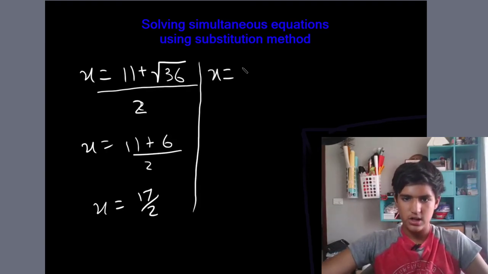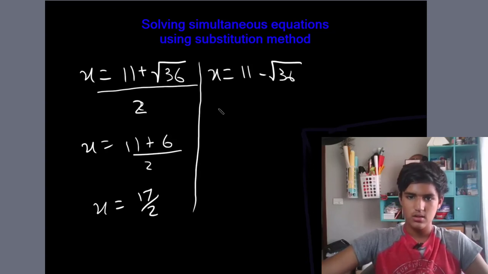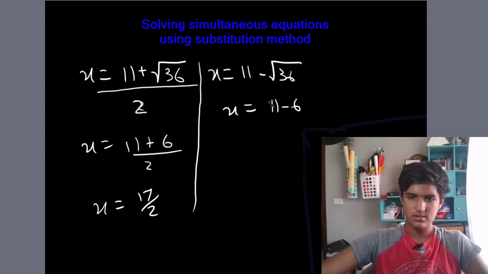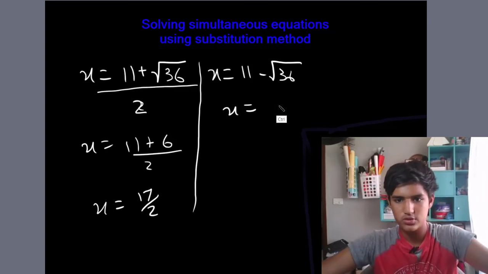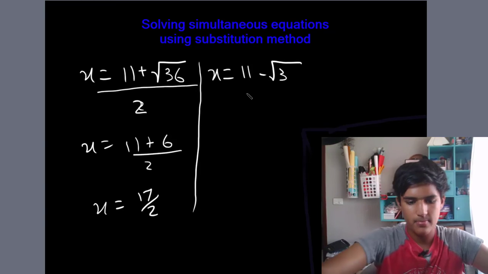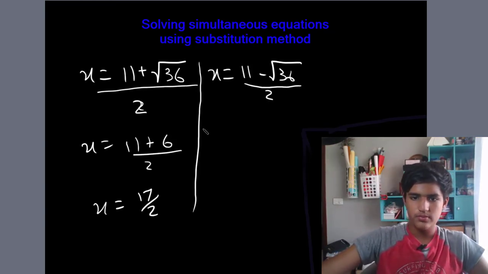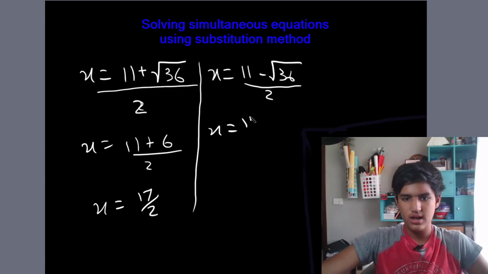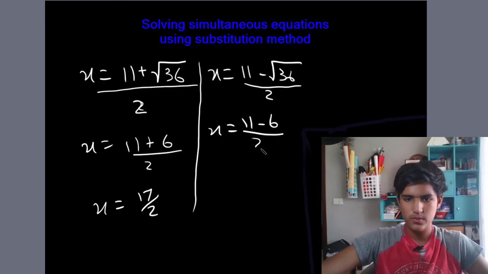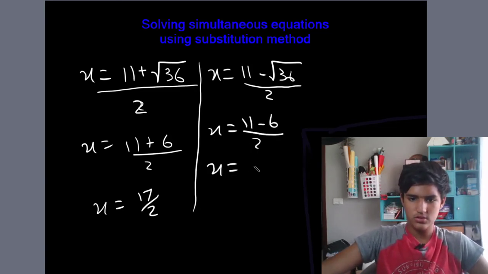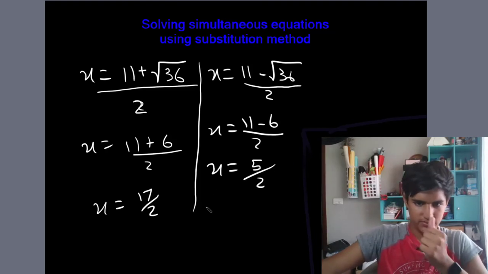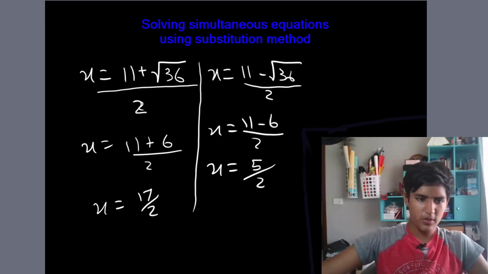The other will be found right now: 11 minus under root 36 upon 2. x is equal to 11 minus 6 upon 2. x is equal to 5 upon 2. These are the two possible values of x.